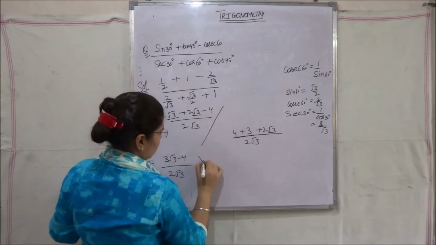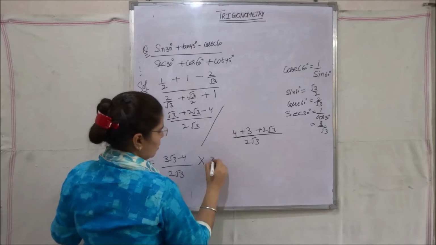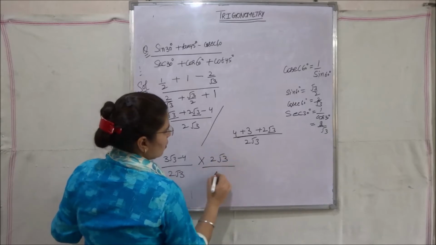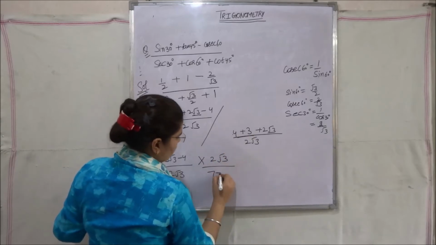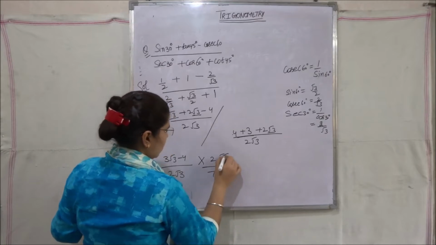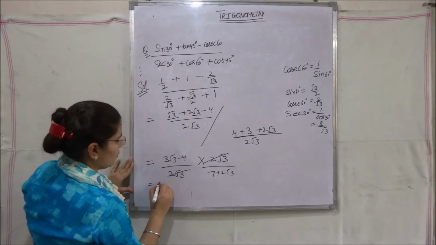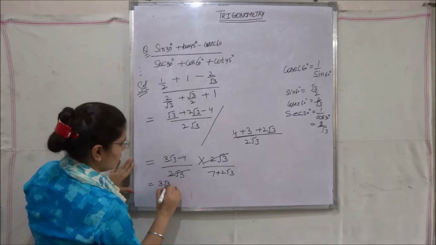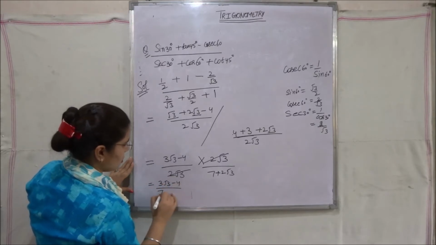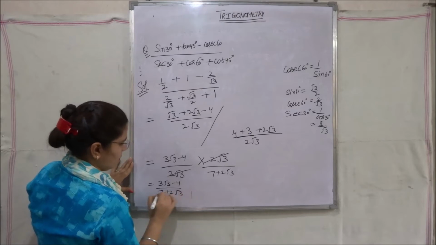So this will move in the upward direction. 2 root 3 upon 4 plus 3 will be 7 plus 2 root 3. 2 root 3 and 2 root 3 get cancelled. So we are left with 3 root 3 minus 4 upon 7 plus 2 root 3.